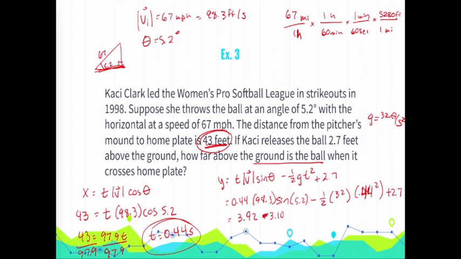That's a minus. Plus 2.7. So that's going to be 0.82 plus 2.7, which is 3.52 feet above the ground when it crosses home plate.